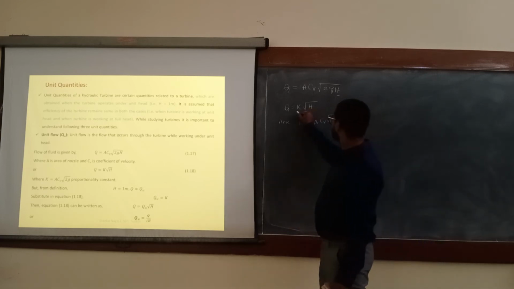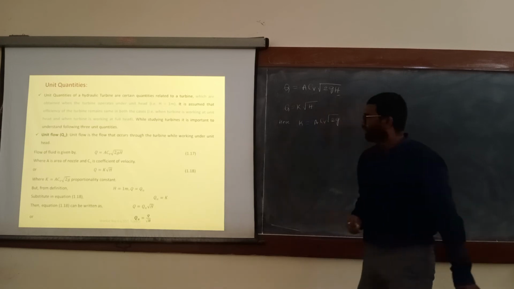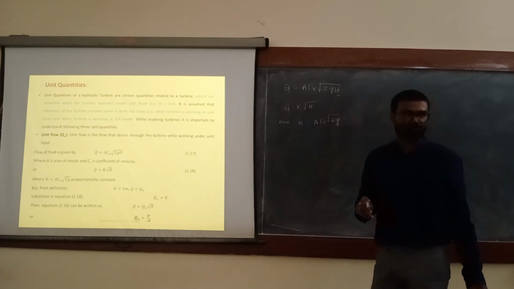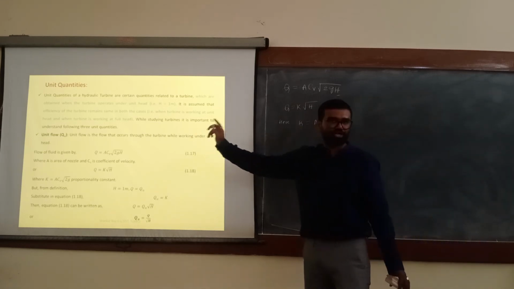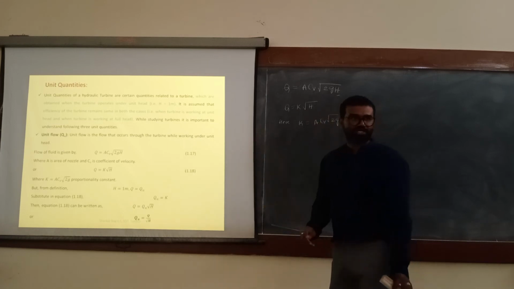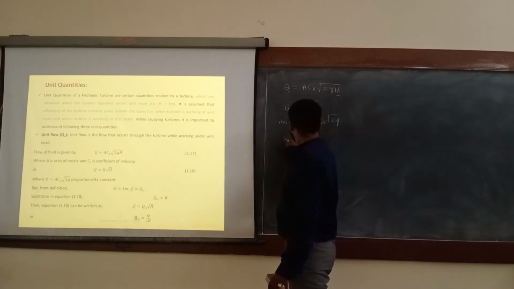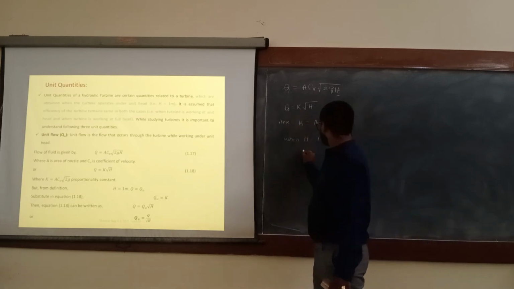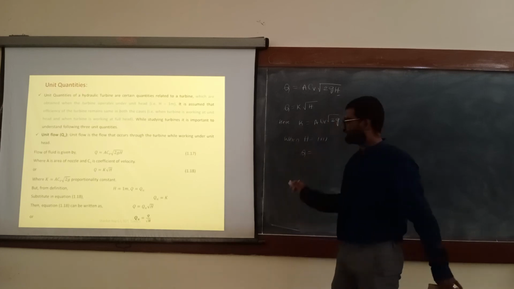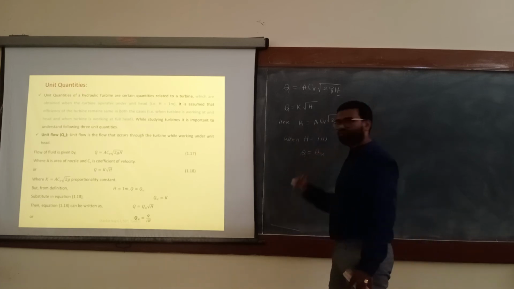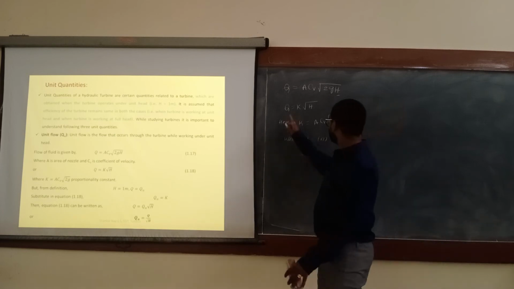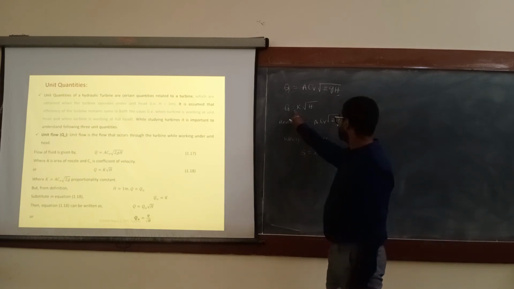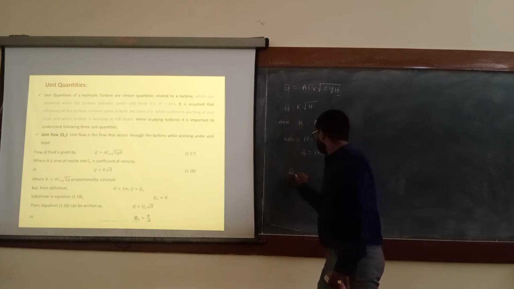Here we need to calculate the value of K, from the definition of unit flow. What is the definition of unit flow? When H is equal to 1 meter, what is the flow? That flow is the unit flow. If you substitute these values here, Q is equal to unit flow.